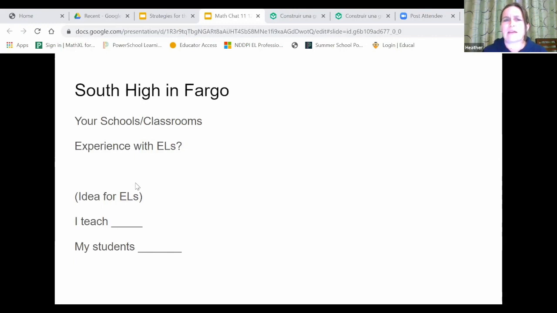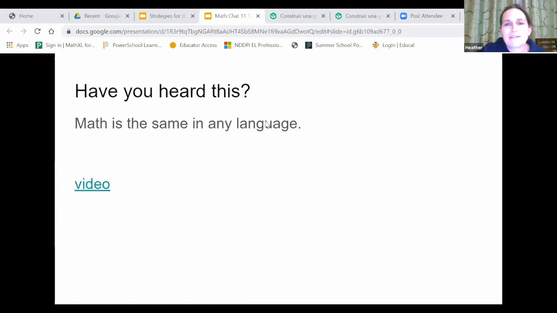We use all of the same standards as the other math classrooms, but we infuse some of the EL strategies, trying to make the content more comprehensible. There's so many people that when they find out that I teach EL and math, they say, oh yeah, that must be the easy one because, you know, math is the same in any language.